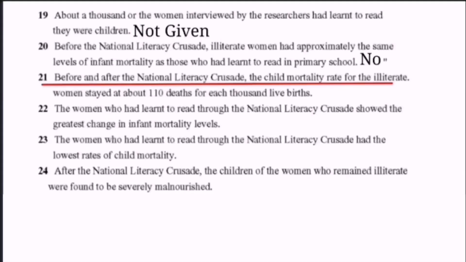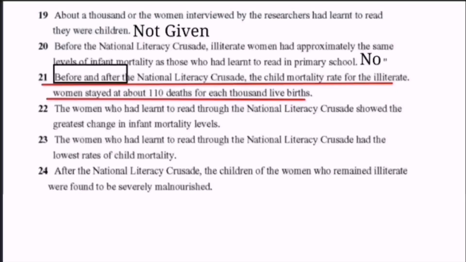Question number 21. Before and after the National Literacy Crusade, the child mortality rate for the illiterate women stayed at about 110 deaths for each 1,000 live births. It means that before and after the National Literacy Crusade, or campaign, the infant mortality rate remained unchanged for the uneducated women.